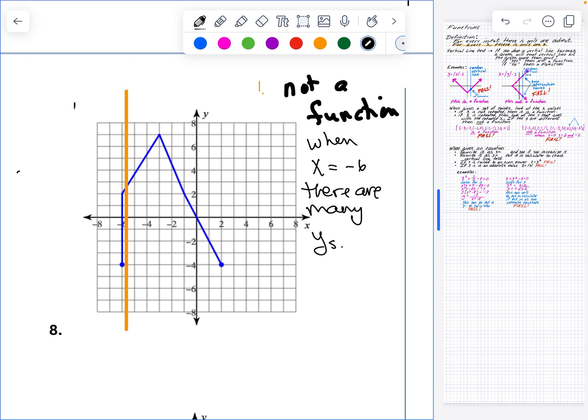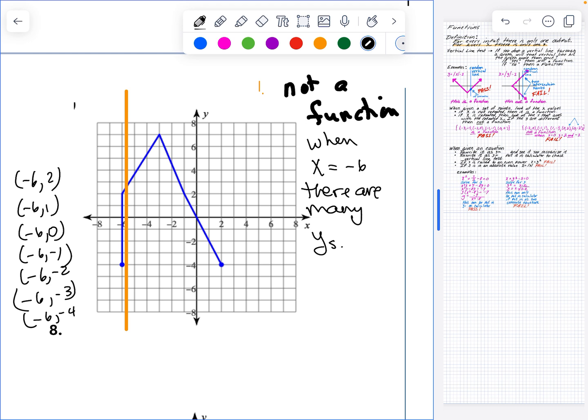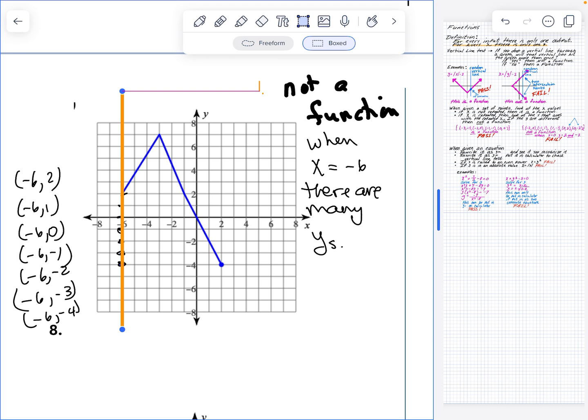We have (-6, 2), (-6, 1), (-6, 0), (-6, -1), (-6, -2), (-6, -3), (-6, -4). So everything on this line fails the vertical line test. So that is not a function.